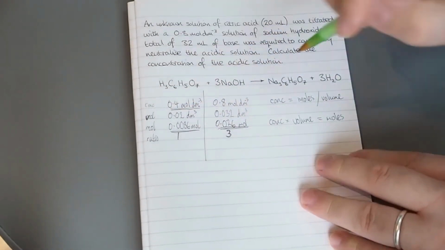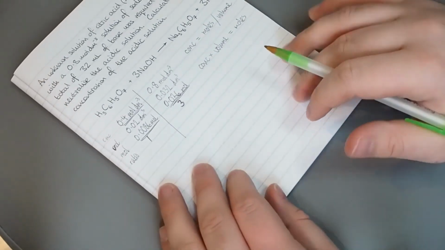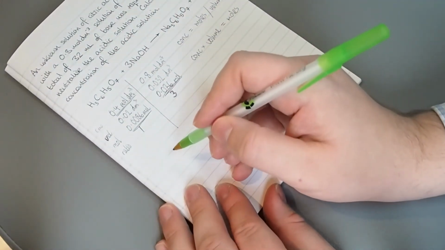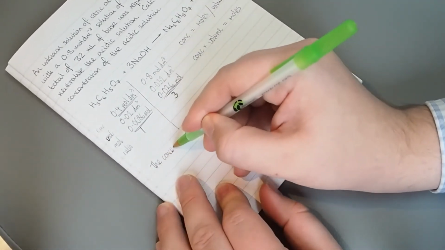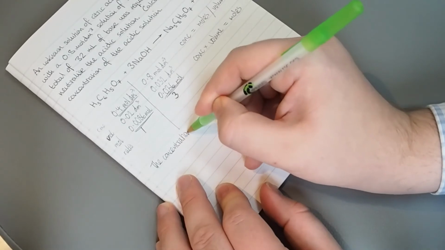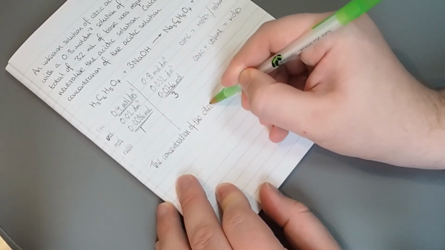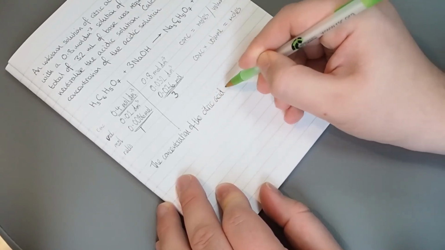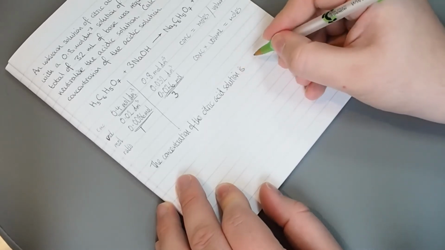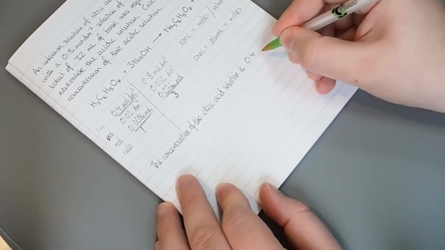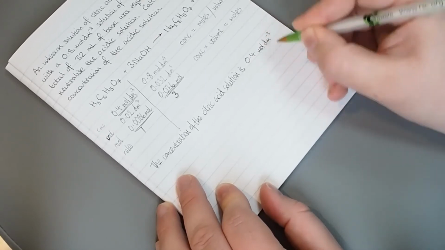That's our concentration. And we can write it explicitly just at the bottom, which will say something along the lines of: the concentration of the citric acid solution is 0.4 moles per decimeter cubed.